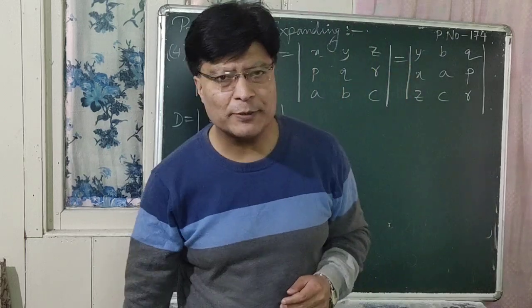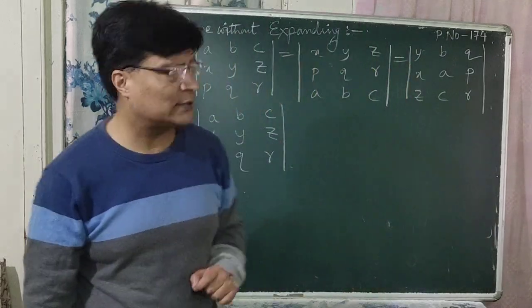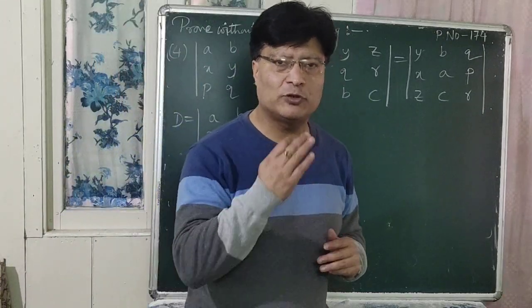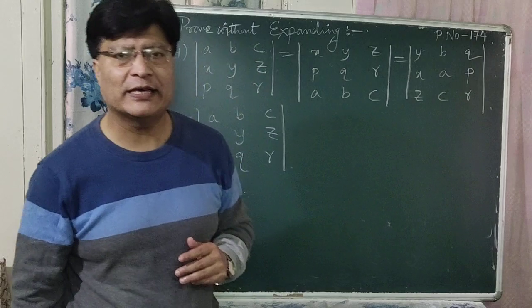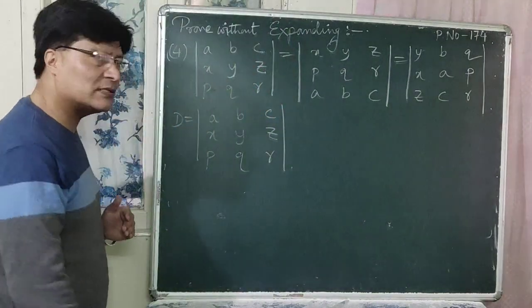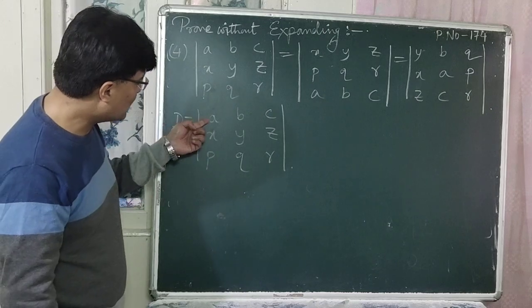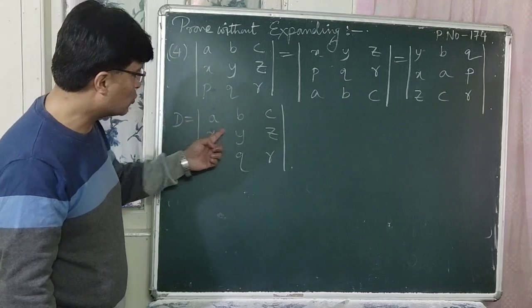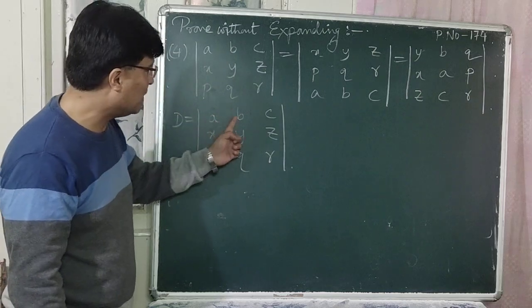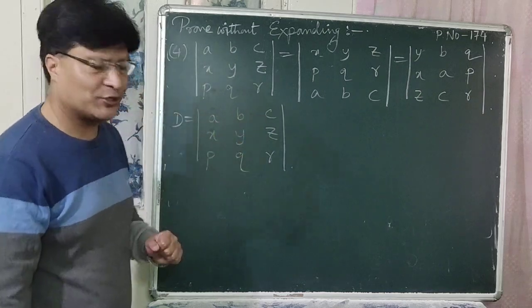What does property number 2 say? It says that the sign of the determinant will be changed if two rows or two columns of a given determinant are interchanged. Now let us interchange the first and the second row here. XYZ goes up to the first row and ABC comes to the second row.